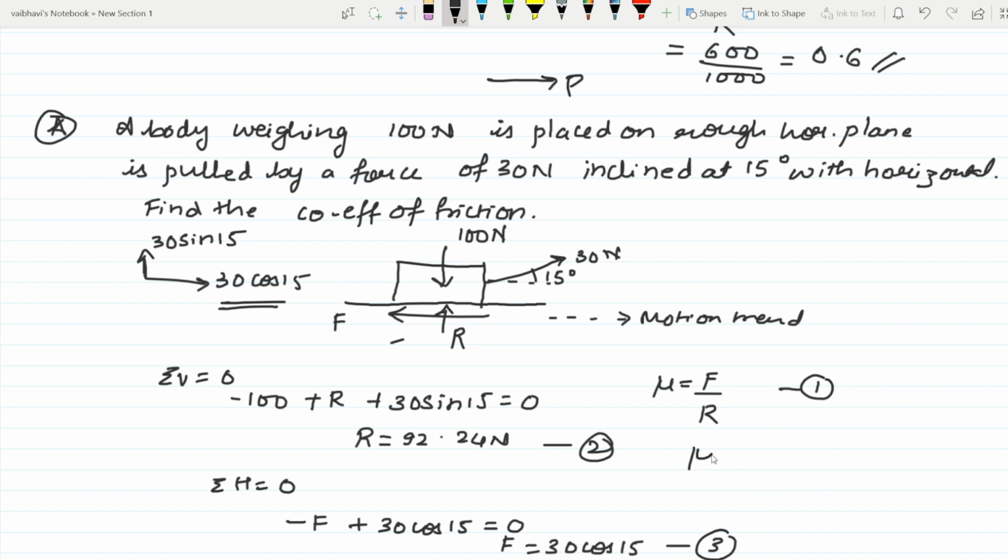Now again mu equal to F by R. F equal to 30 cos 15 gives 28.9898 Newton. So mu equal to 28.98 divided by R, that is 92.24. We get 0.3314.